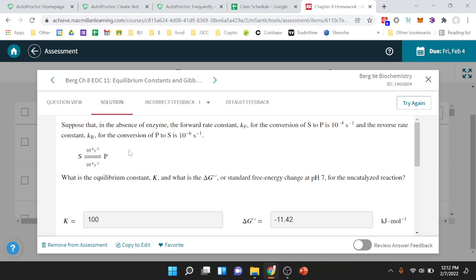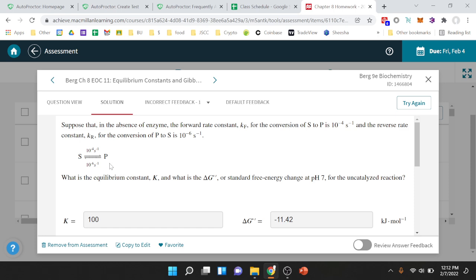So the easy way to do this is to take your k forward divided by k reverse. And that will give you your capital K. Notice that that's the difference between those, right? 10 to the negative 4th is 100 times larger than 10 to the negative 6th. So capital K is 100.